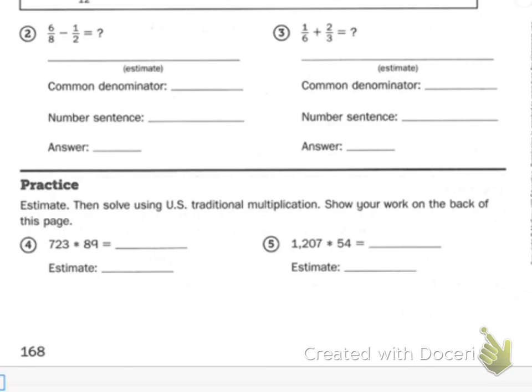Show your work on the back of this page. You should be able to do this. Estimate, remember you can make it simple. 700 times 90 equals, and give me an answer. $72,000, and then that would be my estimate. And then you can solve the problem.